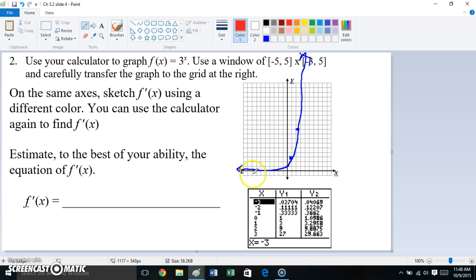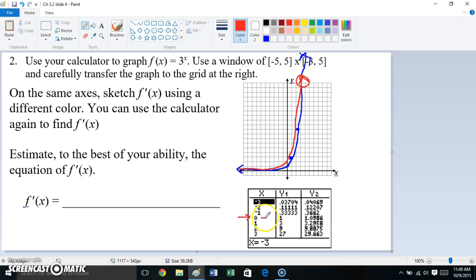The derivative graph for this function again looks a lot like 3 to the x, but this time it's not below. It happens to land above. It's not going to cross there, but my graph's not drawn very well.